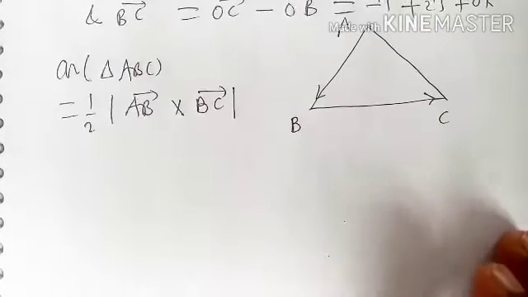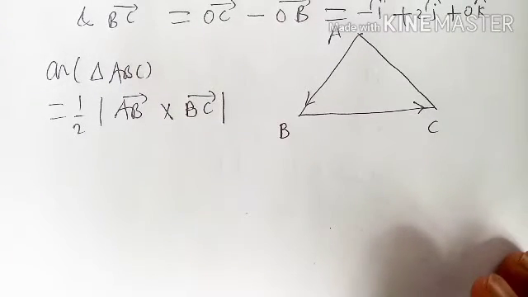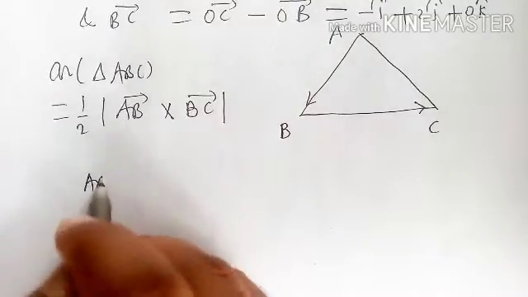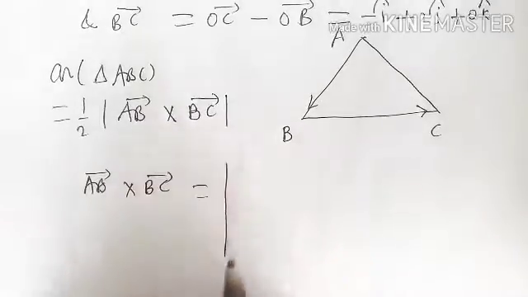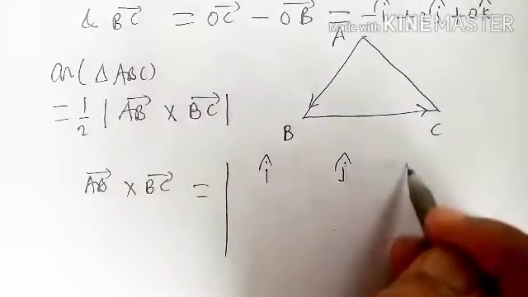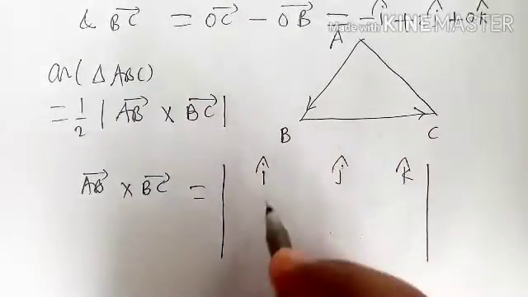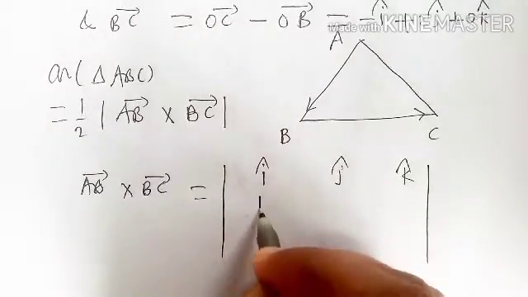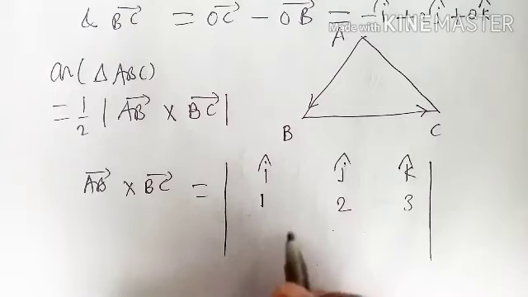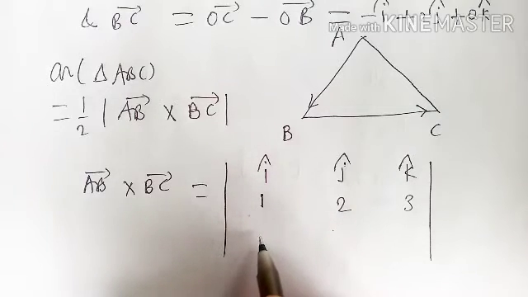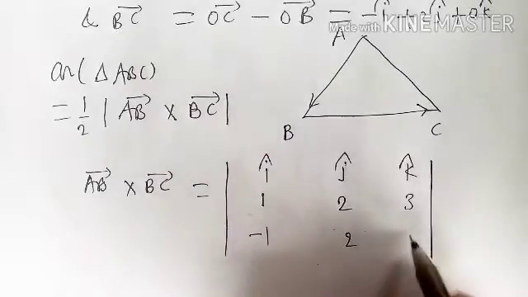So let us find magnitude of AB cross BC. Firstly we find AB cross BC by determinant method. So i cap, j cap, k cap. Here the scalar components of AB are 1, 2, 3 and those of vector BC are minus 1, 2, 0.